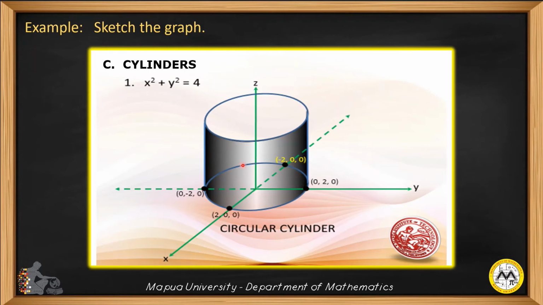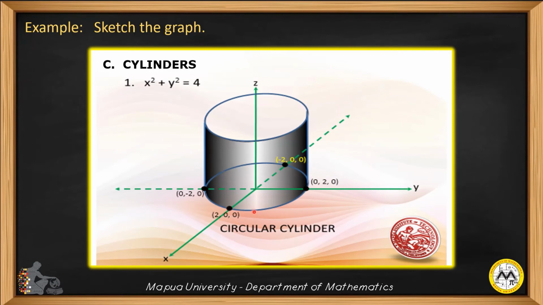So that is what we have here. The center is at the origin, the radius is 2. So the intersection of the circle with the coordinate axes, x-axis and y-axis, would be as indicated. You have (2, 0, 0), (0, 2, 0), (-2, 0, 0), and (0, -2, 0).